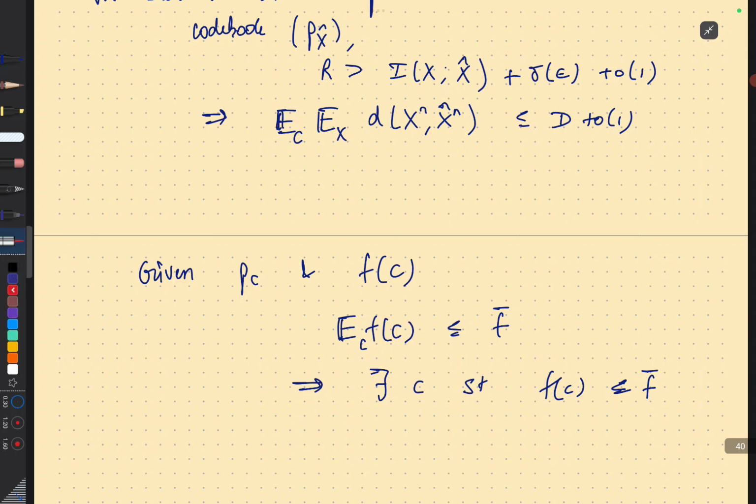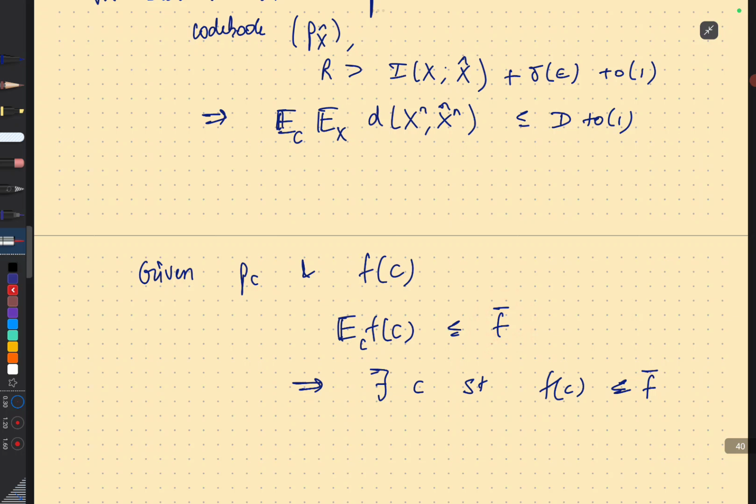So there's some random variable c, drawn according to distribution P c. And I'm looking at a function of this random variable, f of c, some real valued function. And I know that the expectation of f of c with respect to c is less than or equal to some number f bar.